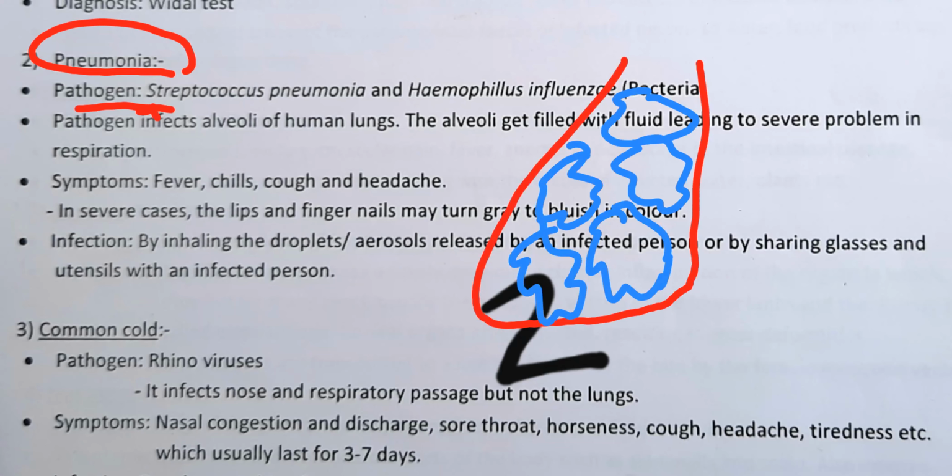When infection happens, the pathogen reaches here. When the pathogen infects the lung, there is a fight going on between the immune system and the pathogen in this region.